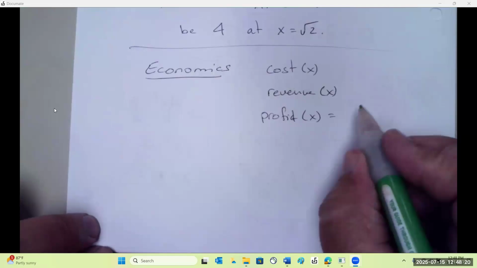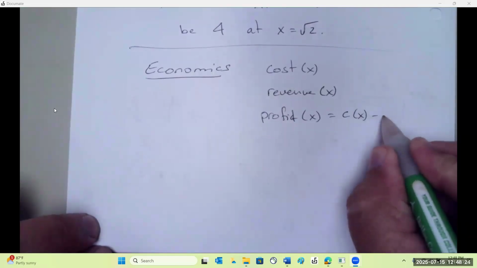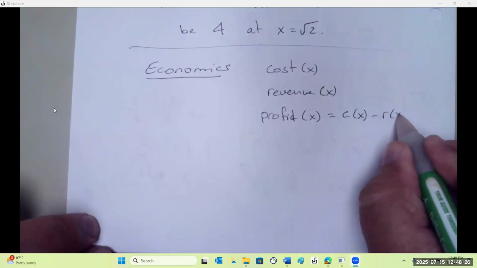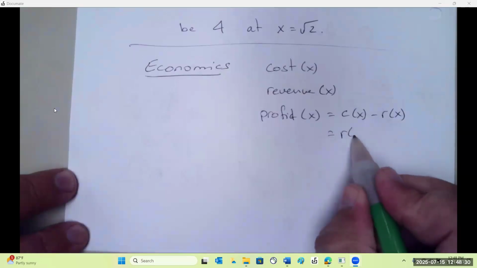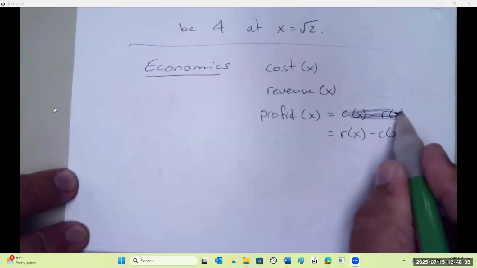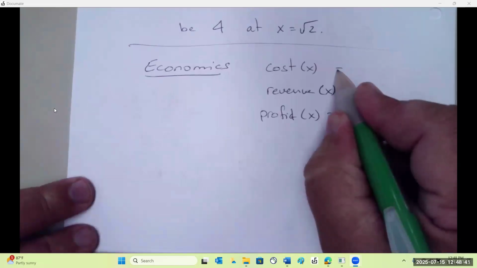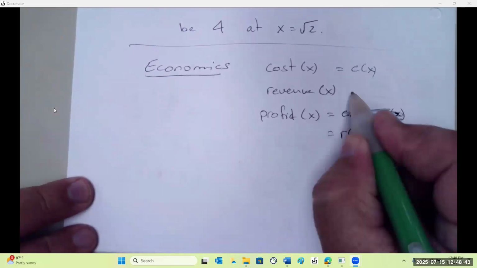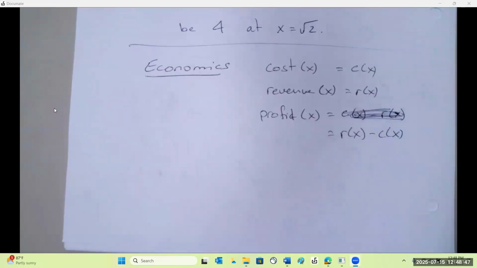The profit is revenue minus cost. You can do it either way, but let's be optimistic. So cost is C of x, the revenue is R of x, and the profit is R minus C.